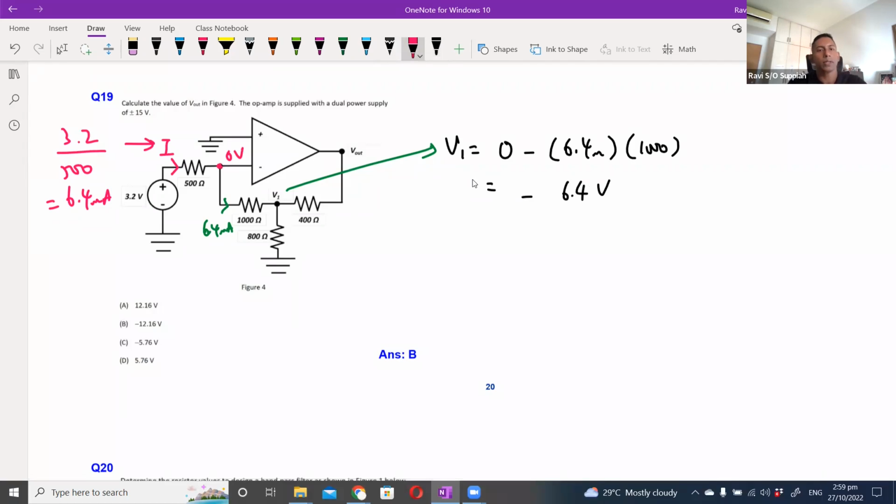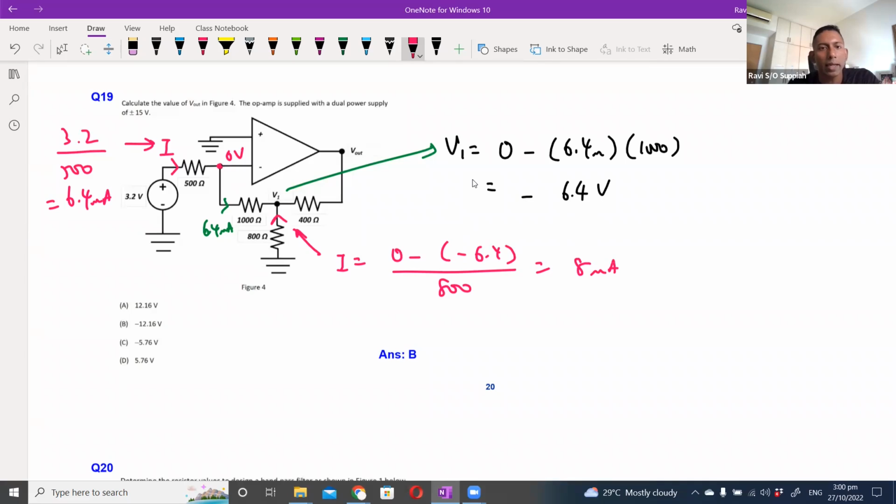Since we know the voltage there is negative, we can say that here the current is going to flow in this direction. So the current here will be I, which is 0 minus 6.4 over 800, which will be 8 milliampere.